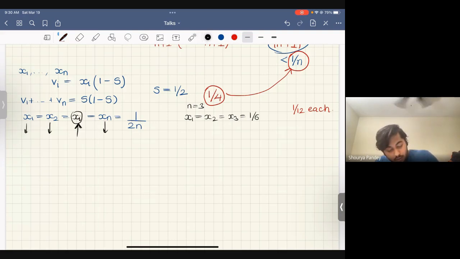But now what happens if x2 and x3 remain 1 by 6 and x1 becomes 1 by 3?